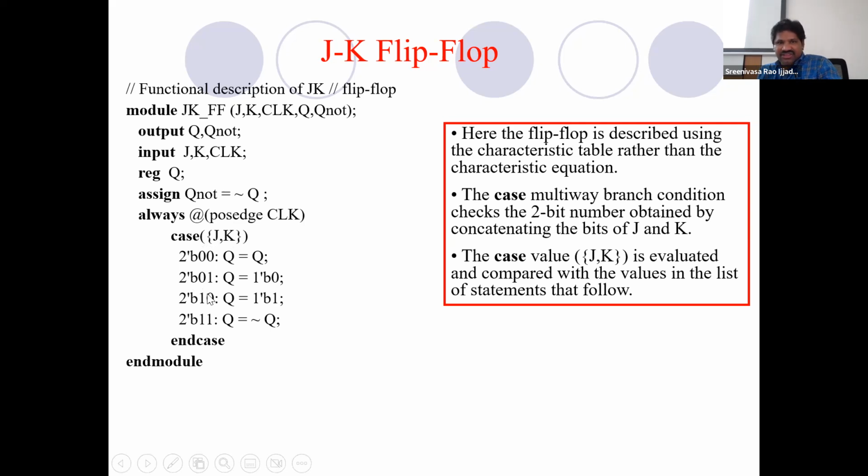Suppose it is matching with this, this is the output. If it is matching with this, this is the output. This is matching with this. So based on whichever it matches, one of the statements will be executed. So case is nothing but simply comparison.